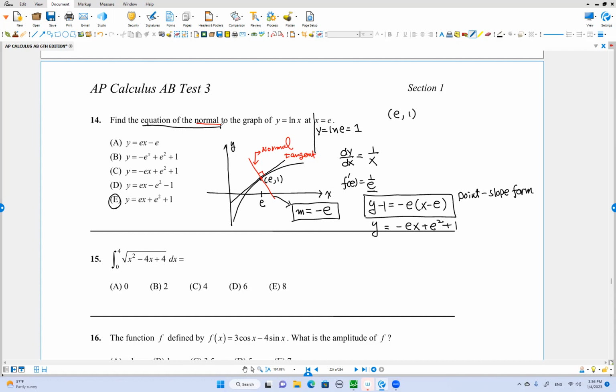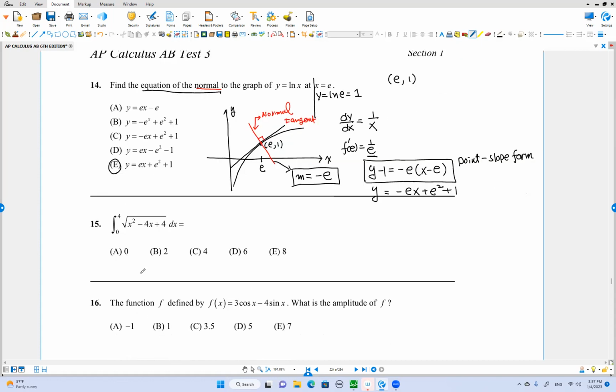All right, number 15, 0 to 4, okay? We need to find the antiderivative of this one. How can you find the antiderivative of this one? This one is a little hard, but you can do that. x squared minus 4x plus 4. What is this one? That is x minus 2 squared, right?